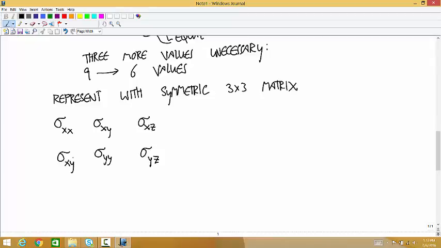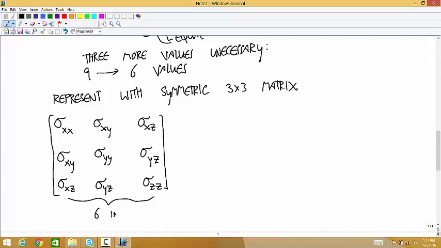And then we'll write this one as xz, yz, and zz. This has 6 independent values, and this stress tensor is equivalent to this cube.